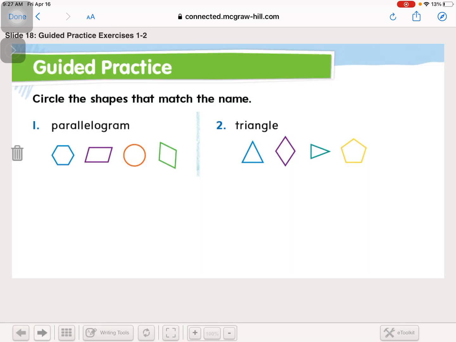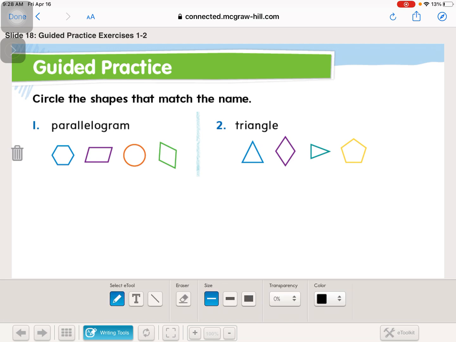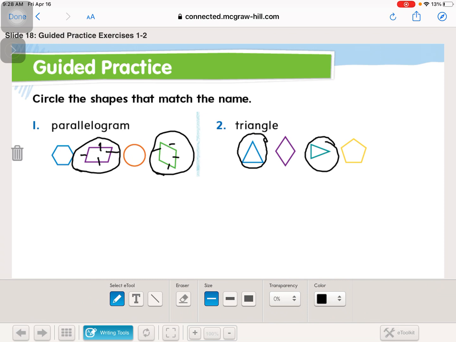So it says circle the shapes that match the name, parallelogram. So the parallelograms in this first set here would be 1, 2, 3, 4, and they're a little bit slanted. 1, 2, 3, 4, slanted. This one's just at an angle. Triangles are shapes that have 3 sides, so we're going to circle these 2 triangles.